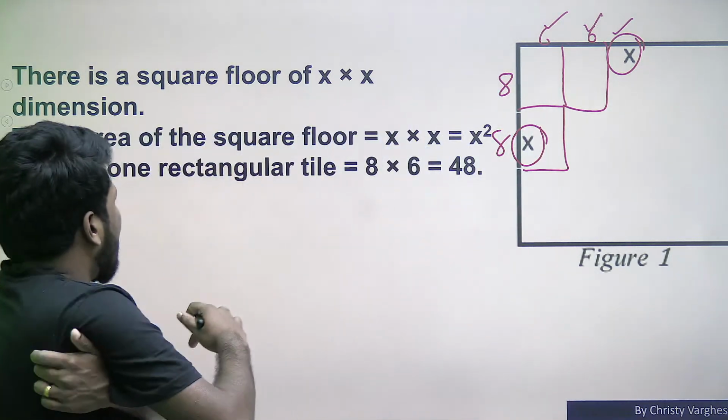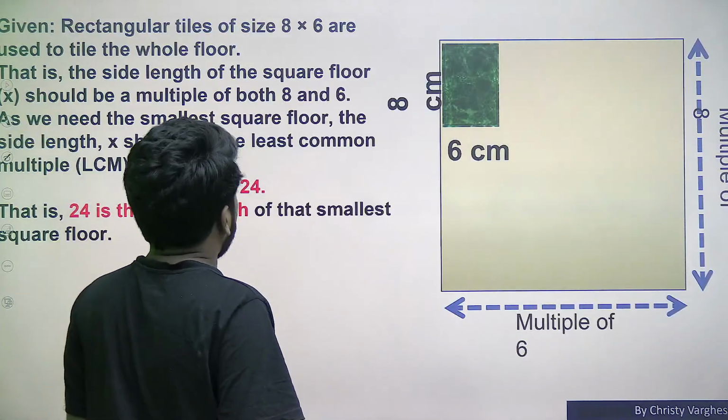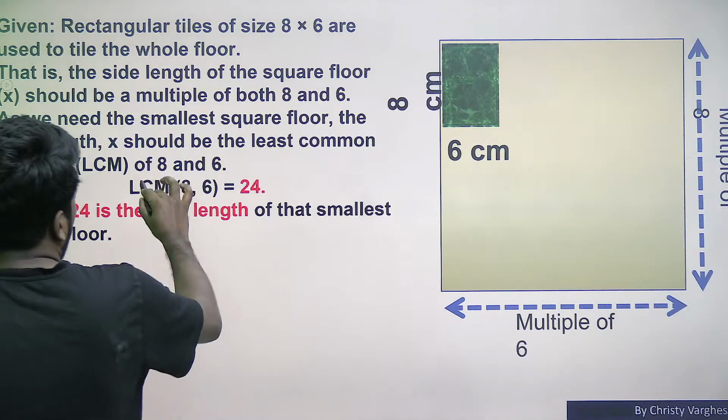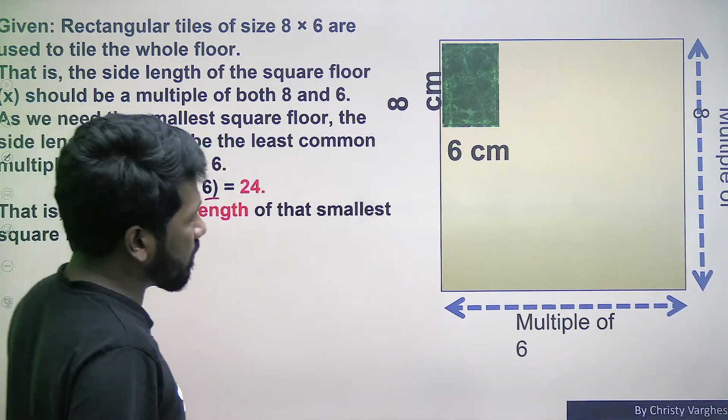Or we can say that the dimension of the floor will be a common multiple of 8 and 6. Why common multiple?